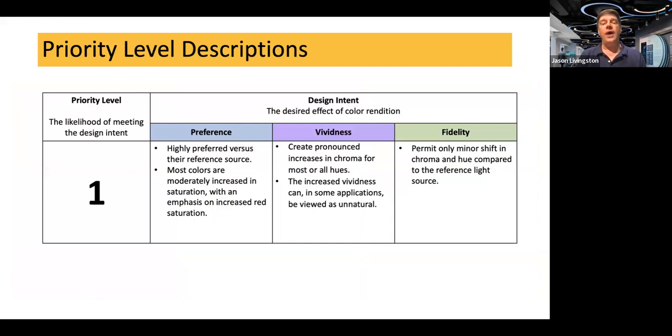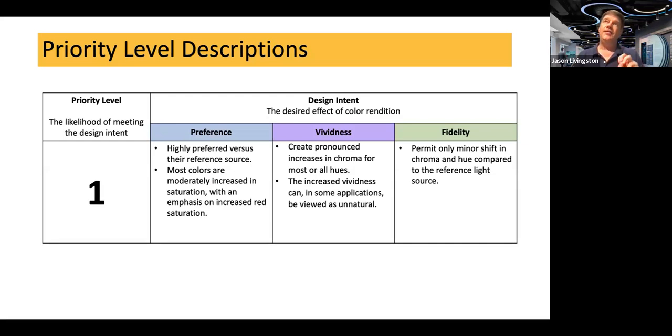Moving on. So we've got these three design intents within Annex E: preference, vividness, and fidelity. Within the data, there were breaks and bulges that allowed us to introduce a little bit more subtlety, right? So it's not a question of, is this light source preferred or not preferred?